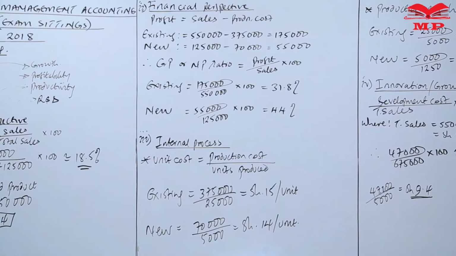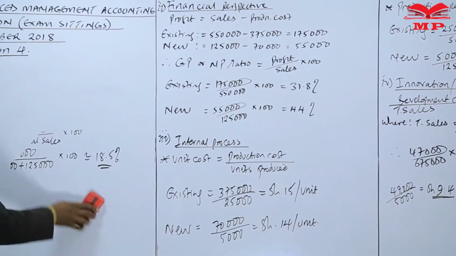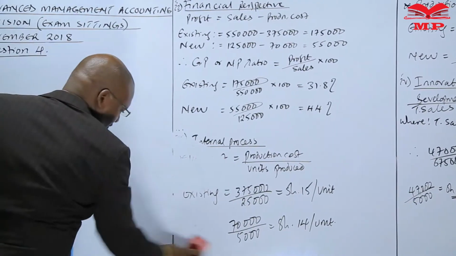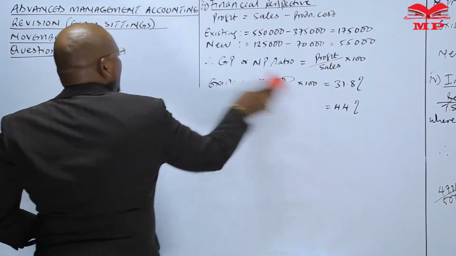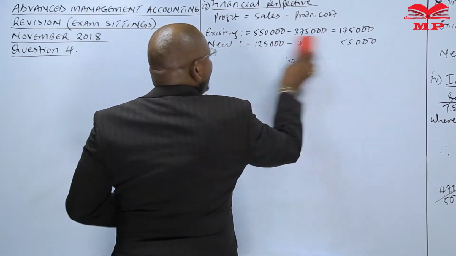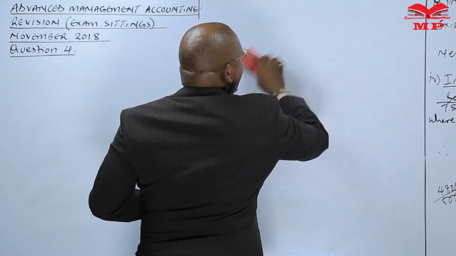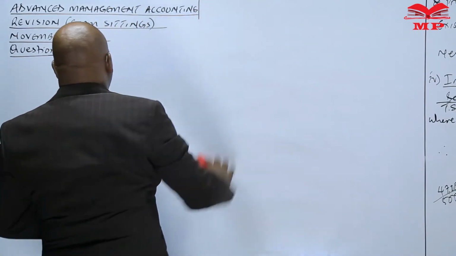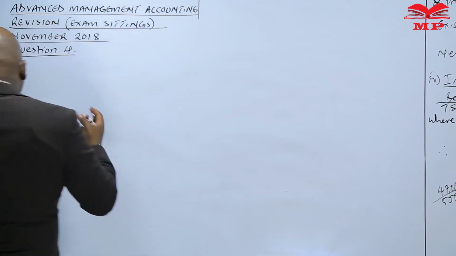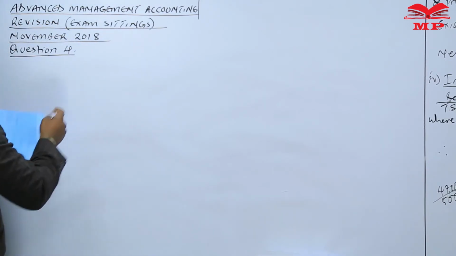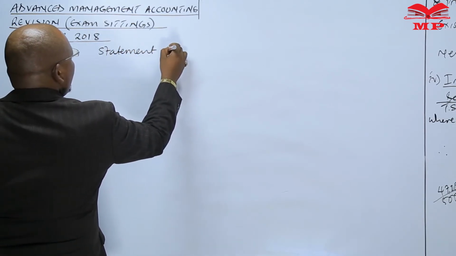Let's start from here. I'm going to use the columnar format method, so at least I'm able to show everything that we require in each year. I want to add the fixed and the variable together. Let me call this one statement of cost.